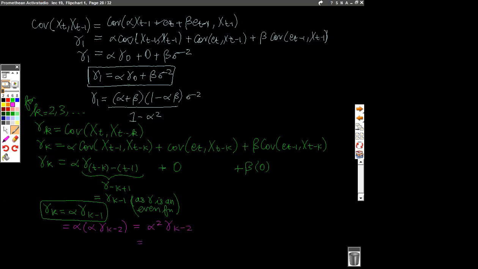If you go on doing the same thing again and again, here you will have alpha to the k minus 1 with gamma subscript 1. You know that this 1 always adds up with this to give you k. So k minus 1 plus 1 is again k here. So you can write gamma k as this for k greater than 1.